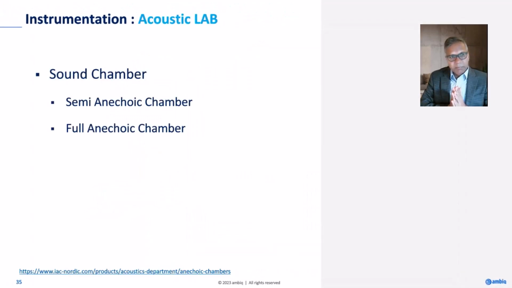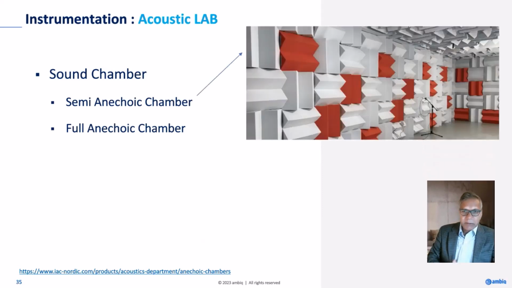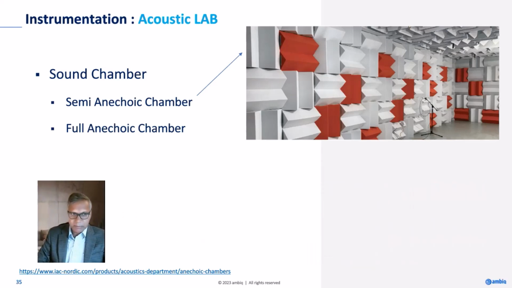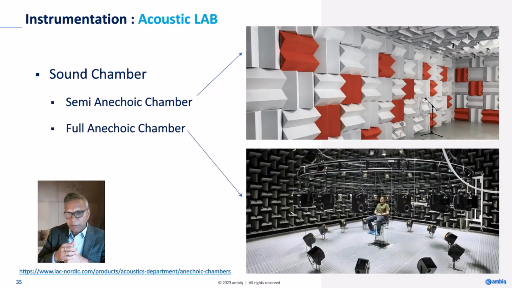In terms of the lab, you can have a sound chamber, either a semi-anechoic or a full anechoic chamber, depending on the application. In a semi-anechoic chamber, other than the floor, you have acoustic panels all over. In a full anechoic chamber, you have acoustic panels all over, and on the floor you have a mesh. Depending on your application, you will select the lowest frequency you need to match. You take that to your chamber providers, and they will design a system for you.